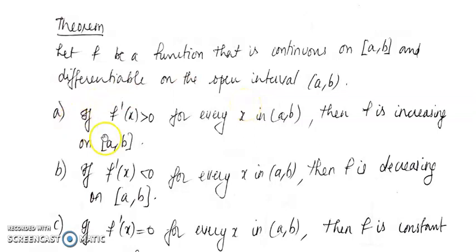And the theorem says that, if f dash of x is greater than 0 for every x in the open interval ab, then f is increasing on closed interval ab.